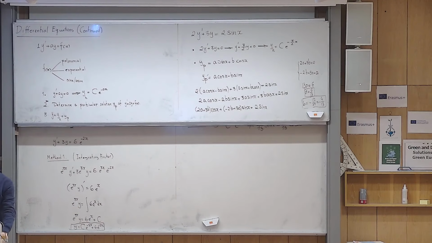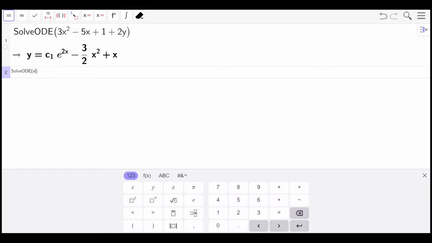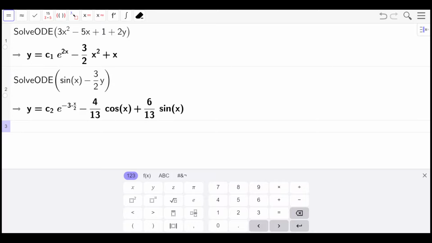If I do that, the first one becomes sine of x, and then minus what? Minus 3 over 2y. Yes, it seems to be right. Where's my answer? 6 over 13. Yes, that's correct.